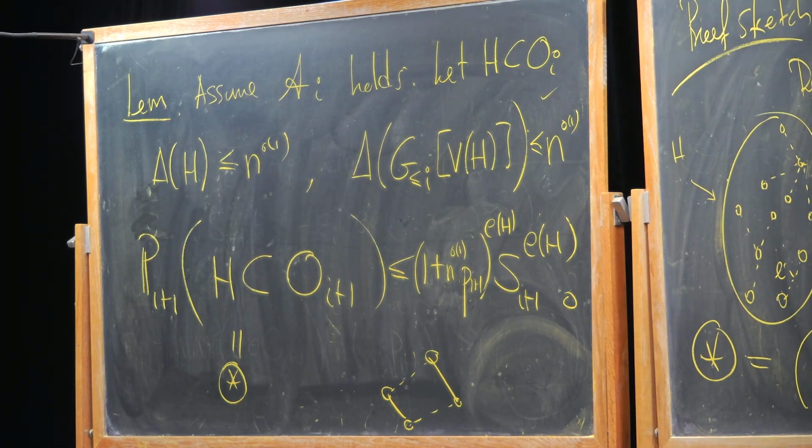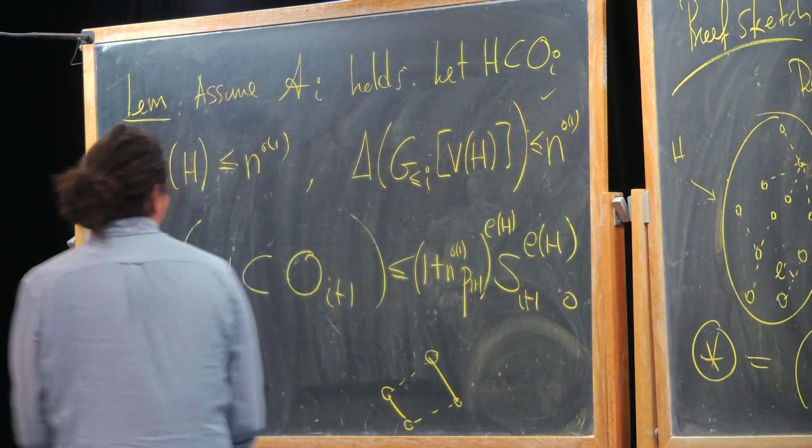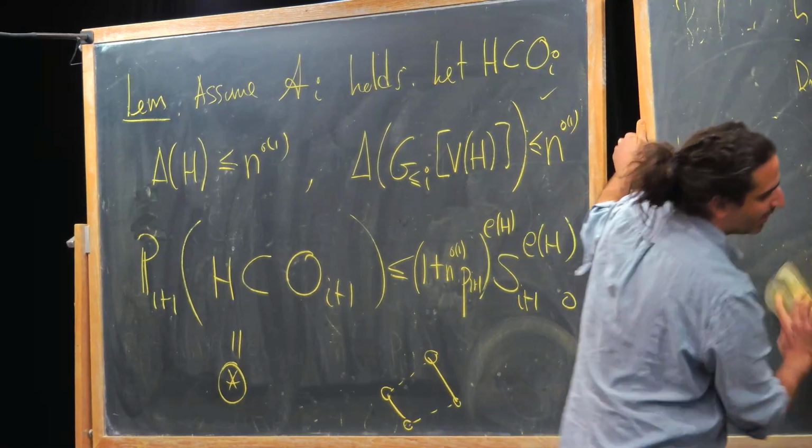Those are the two kinds of term. I sum them up, and that will give the error term. Good. Any questions about that? That was a little bit fast and loose, but it's really not much more than that.